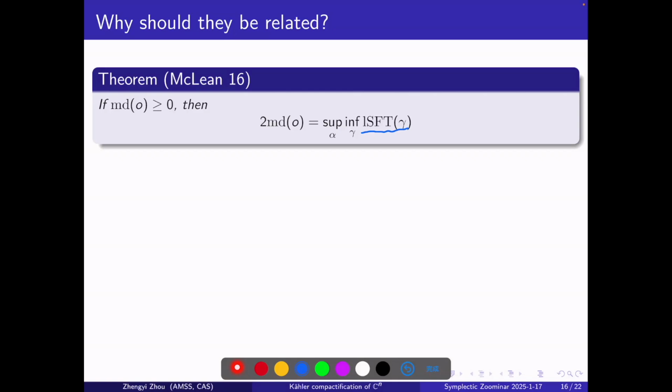In our theorem, you can forget about this supremum by just using the Sasaki contact form. It's already good enough. But in fact, in McLean's proof, he also constructs some very nice contact form where you can achieve this infimum.